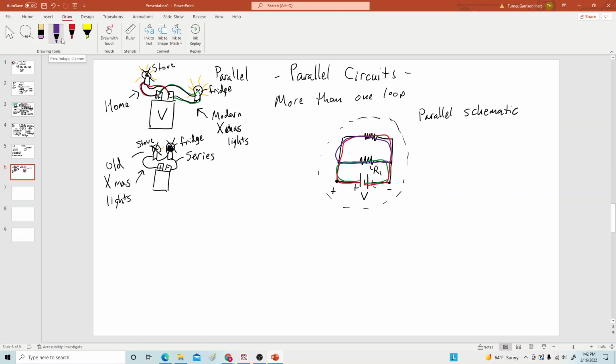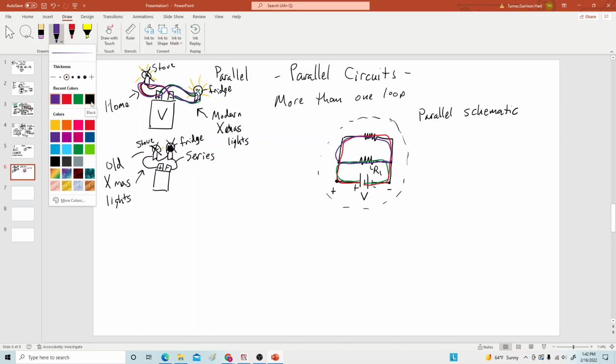That would be the loop where the light bulbs kind of bypass the battery and are just considered to be connected to each other. But from an initial analysis standpoint, we usually don't use that loop. But there technically are three loops here, just to be very clear.